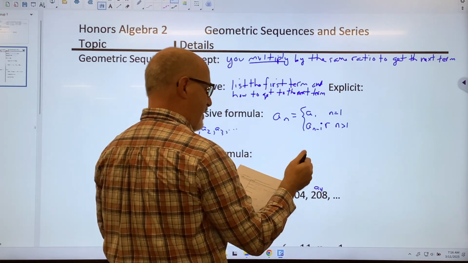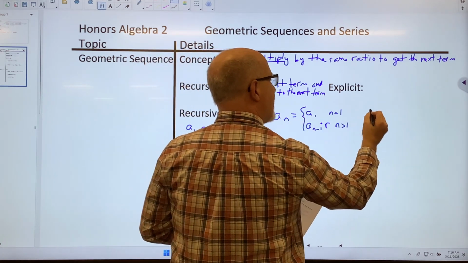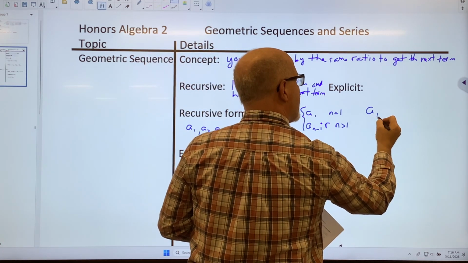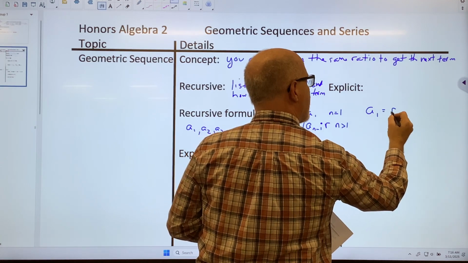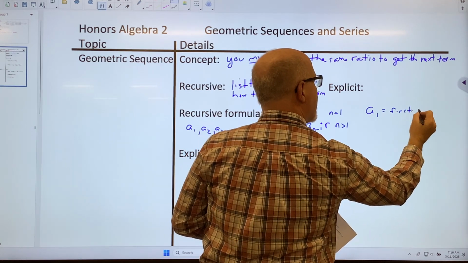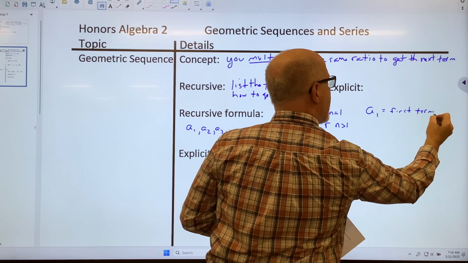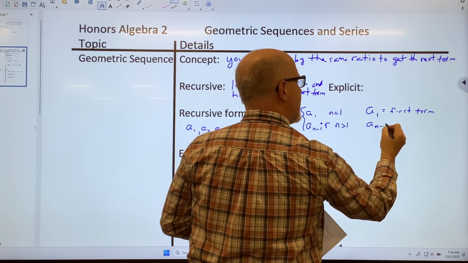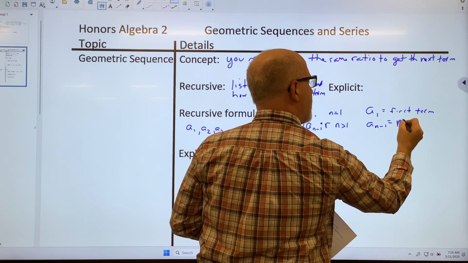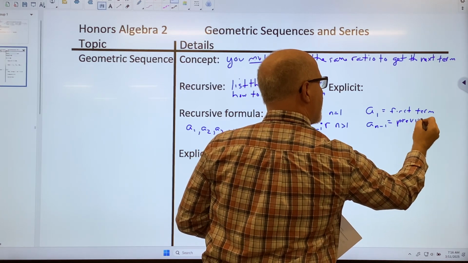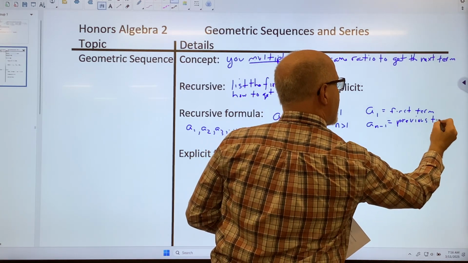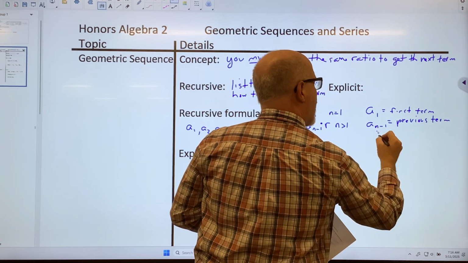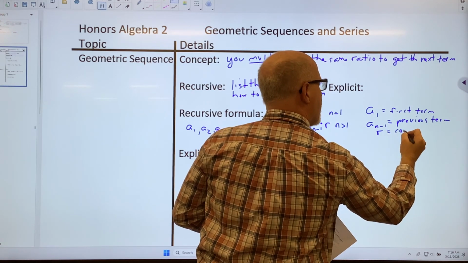So what we have here is that a sub 1 is the first term, and a sub n minus 1 is the previous term, and r is the common ratio.